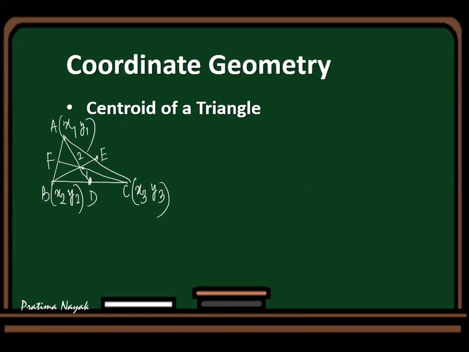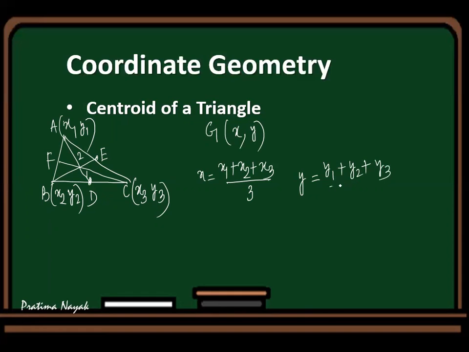The centroid is denoted by G. Its x is equal to (x1 plus x2 plus x3) by 3, and y is equal to (y1 plus y2 plus y3) by 3. So you can note down the formula if you have forgotten.